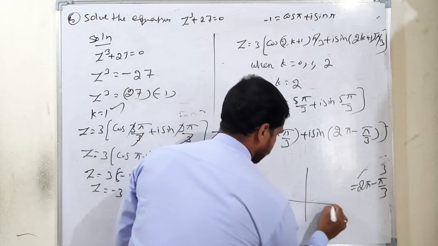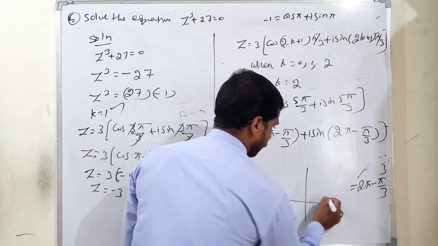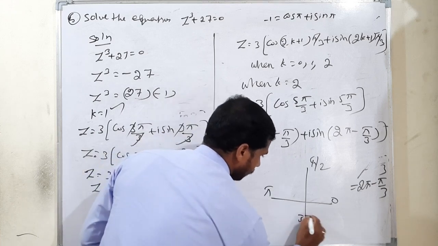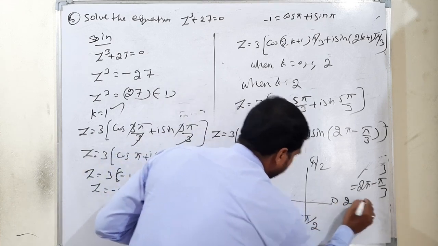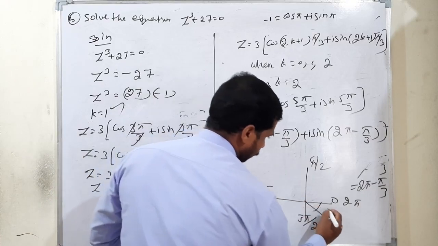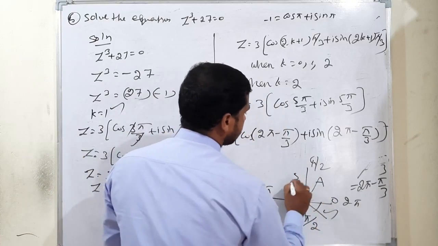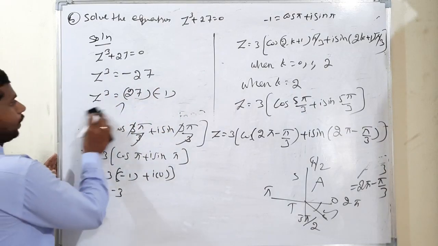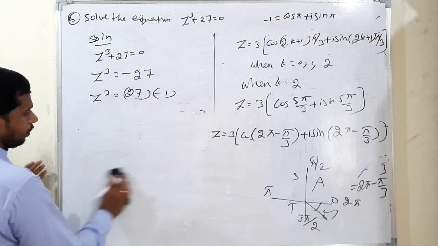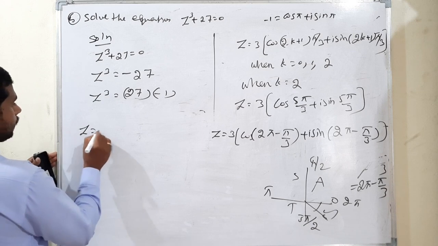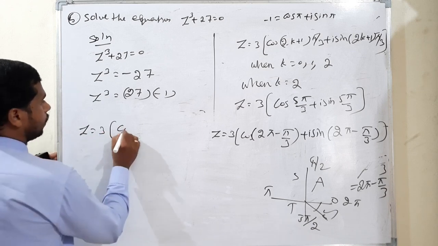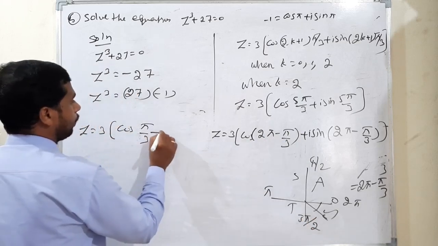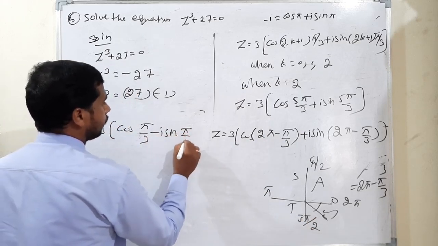According to the circle, 0, pi by 2, pi, 3 pi by 2, 2 pi, but minus again means fourth quadrant. Fourth quadrant means all silver teacup, only cos is positive, isn't it? So cos positive means z is equal to 3 into cos pi by 3, but the sign will be negative, no? Minus i sin pi by 3.